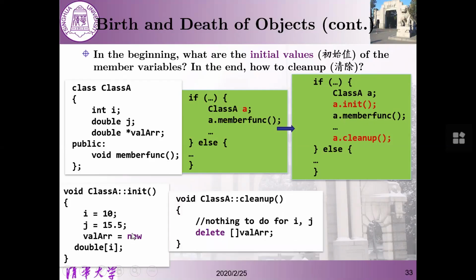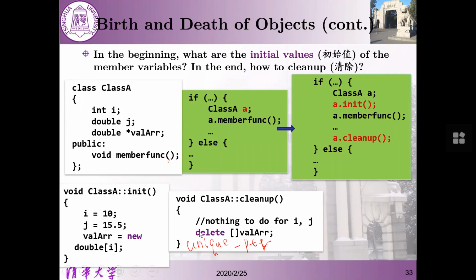Actually, we use new and delete. In C++17, unique_ptr is suggested. Using unique_ptr is better for us to avoid memory leaks.